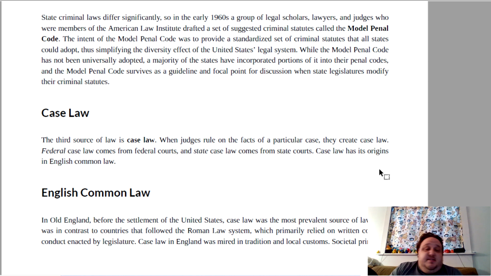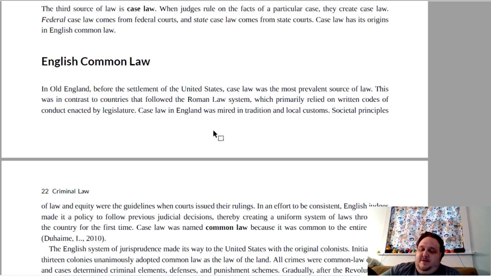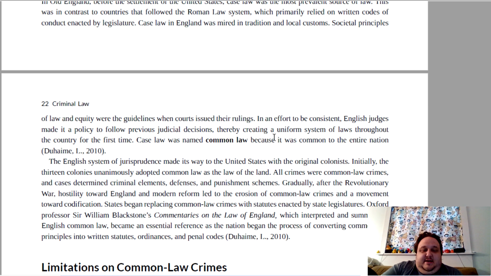And case law. Case law is just judge rulings. These are very much how we get precedents, and we're going to talk about that here in just a moment. But case law is, if a judge rules on the facts of a particular case, they create case law. That means we follow that time and time again, which comes from English common law, which is the deep history part if you want to know more about it.